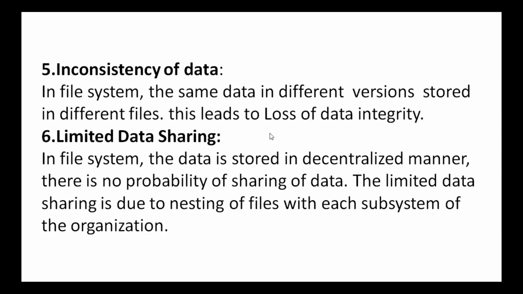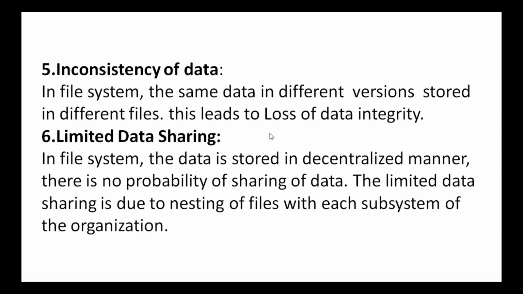For example, when you store your phone number in 4 different files differently, that leads to inconsistency of data. If you want to store the data in multiple files, then you have to store the same copy of the data, otherwise it leads to inconsistency of data. That causes inaccurate retrieval of data, that leads to loss of data integrity.